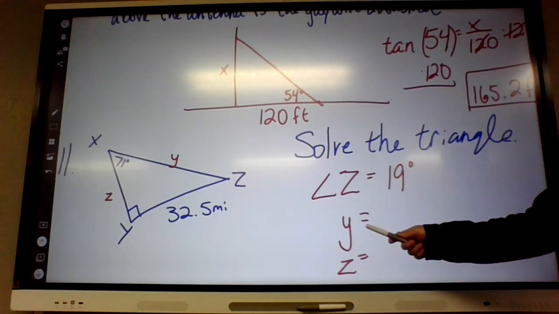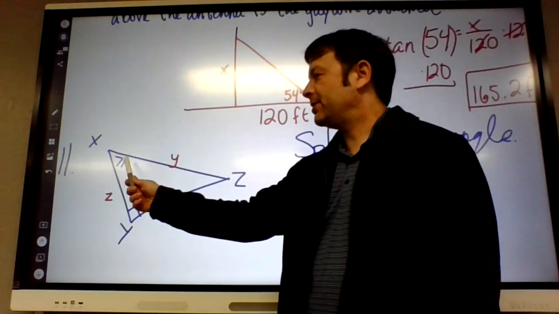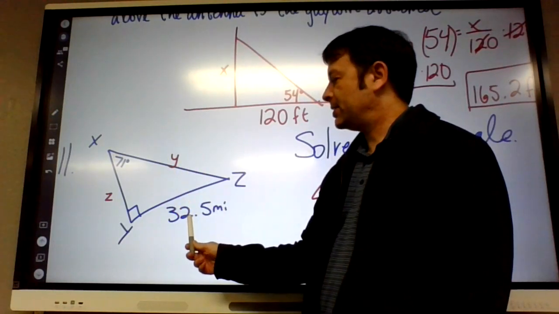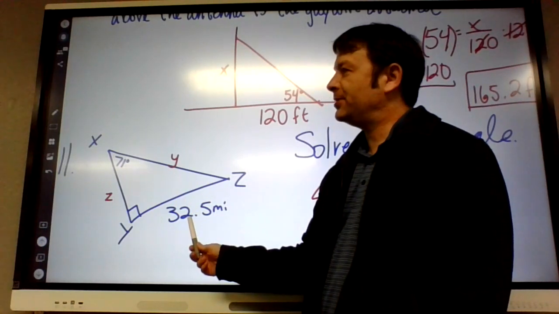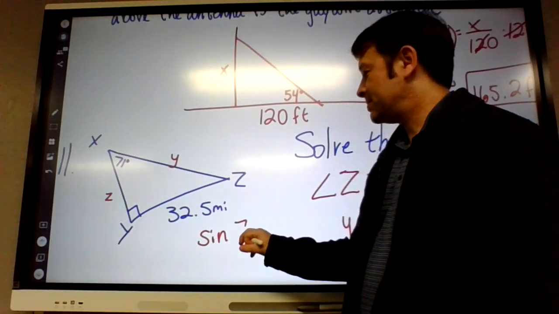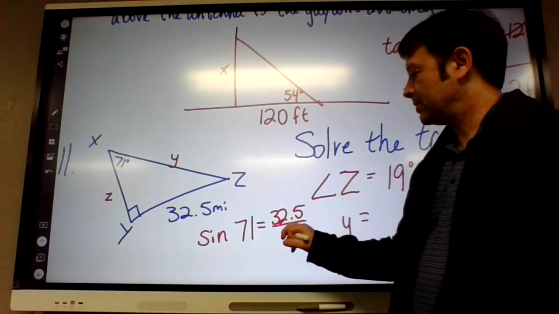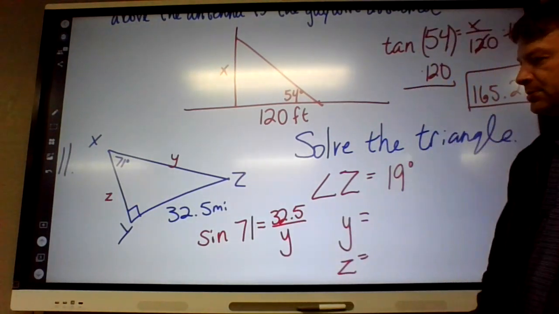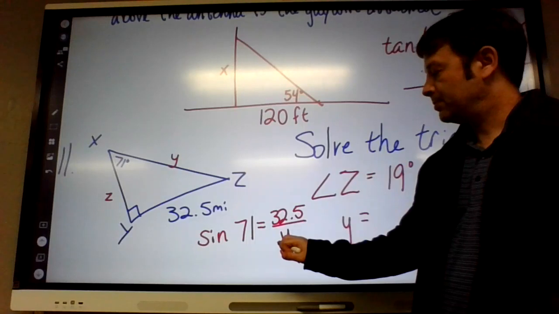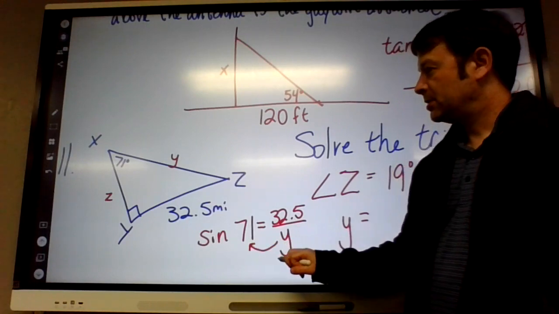Okay, now for y and z, we're going to have to use a little bit of trigonometry. So we always start with the angle. So what side are we looking for if I do y? This is the opposite and the hypotenuse. Sine of the angle 71 equals opposite over hypotenuse. And then if y is on the bottom, wait, I thought opposite was Y. No, y is the hypotenuse.